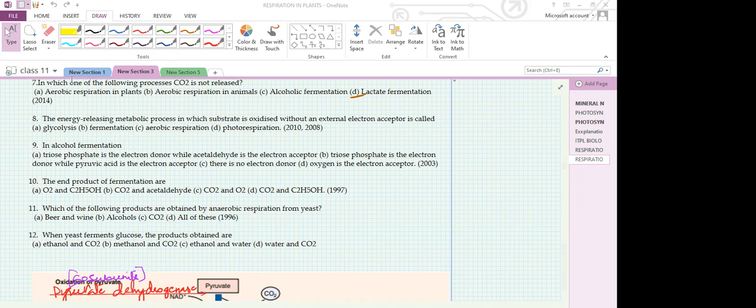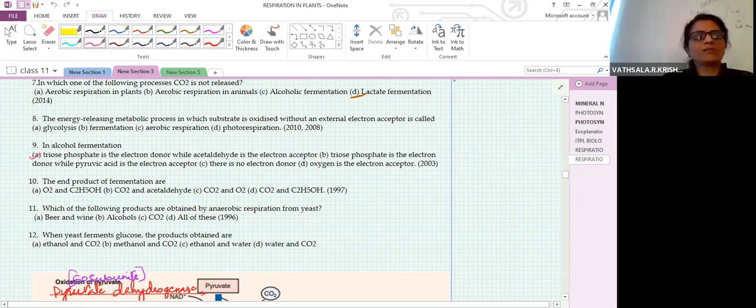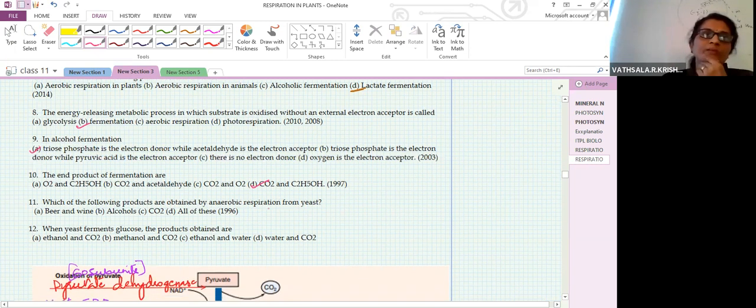Ma'am, ethanol and CO2. So this energy releasing process is fermentation. The end product of, yes, ethanol, C2H5OH. Which of the following products are obtained from anaerobic respiration of yeast? What do you get from yeast?